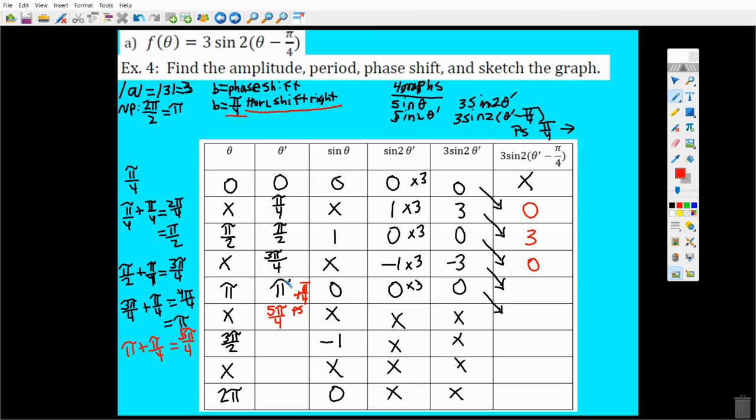At pi, the -3 will be here. And then finally, 5 pi over 4, 0 will go here. So again, you're just shifting these by pi over 4 units to the right.